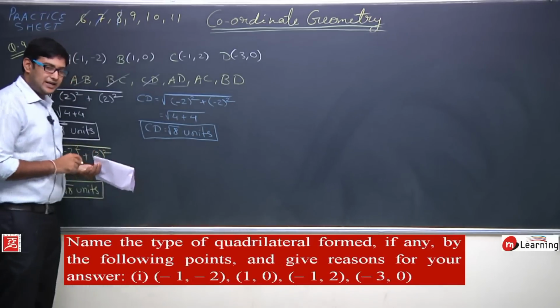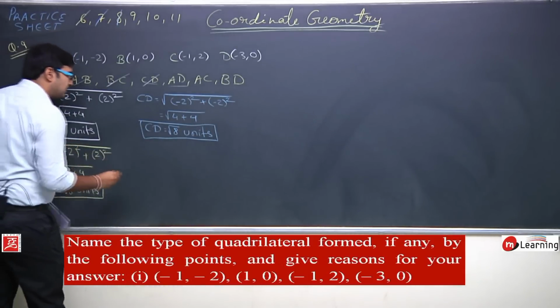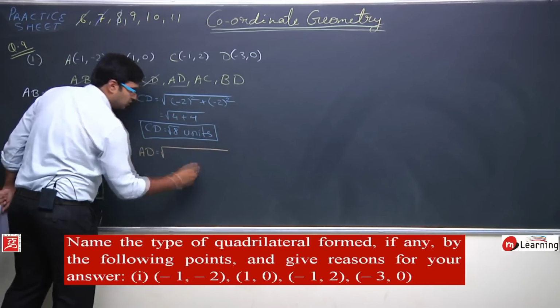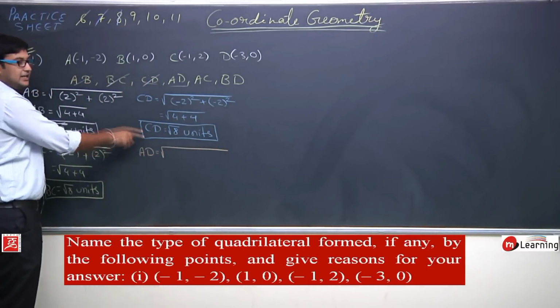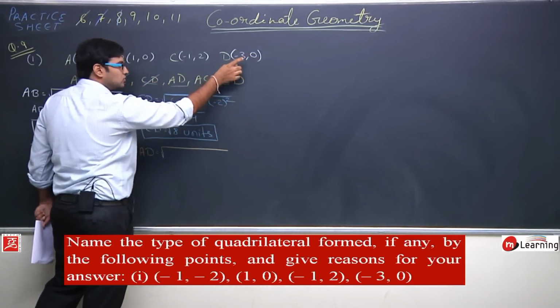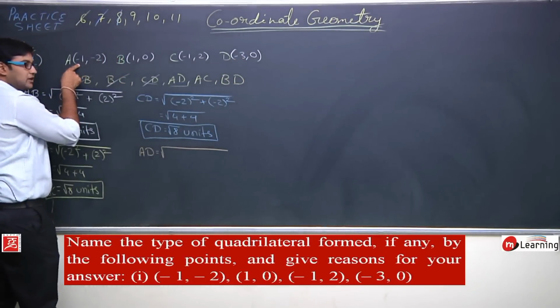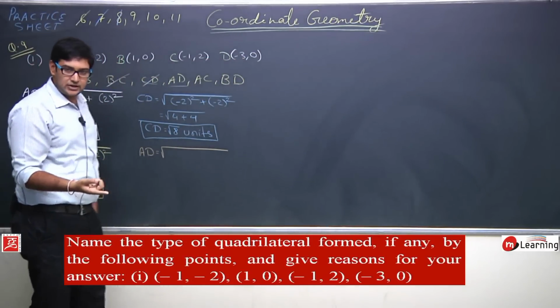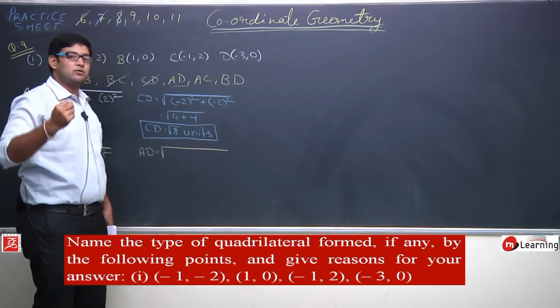Let us calculate AD. The length of AD will become square root of, now in this case AD, A will be x1 y1 and D will be x2 y2. So x2 minus x1. So minus 3 minus of minus 1 will again become plus 1. So minus 3 plus 1 will give you minus 2.